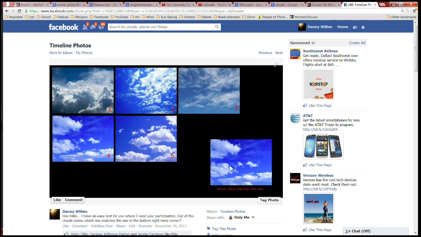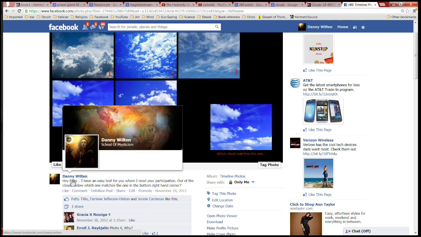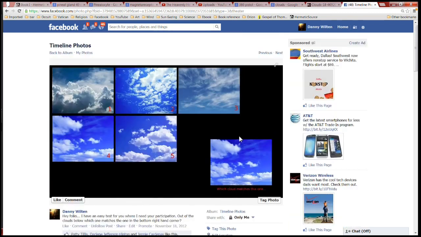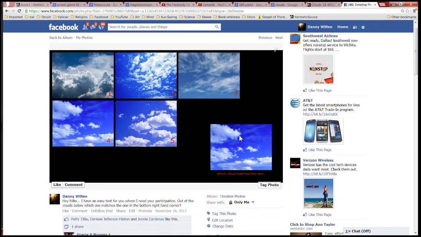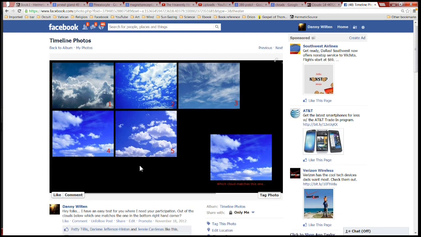On the bottom right is one of those images that has been pulled and put in the bottom right-hand corner. The test they were not told what it was. I just said that I have an easy test for you. I want you to tell me which cloud at the top matches the one in the bottom right-hand corner. I did not tell them what it was for, in order to keep an objective point of view in the test. I wanted to remain unbiased.